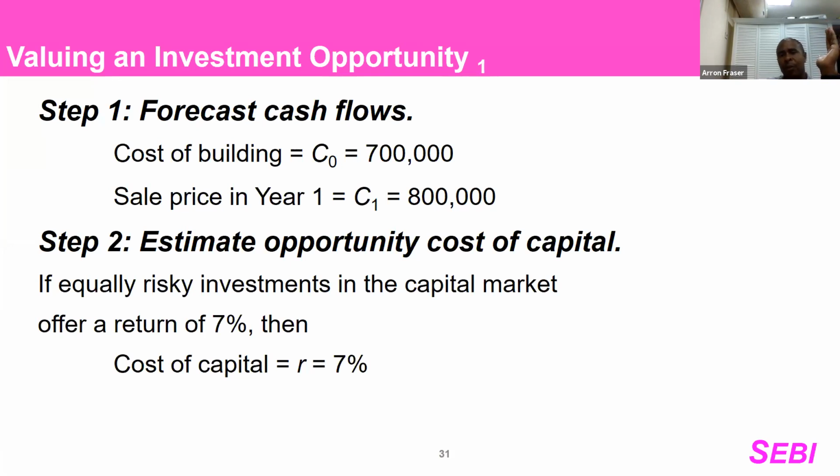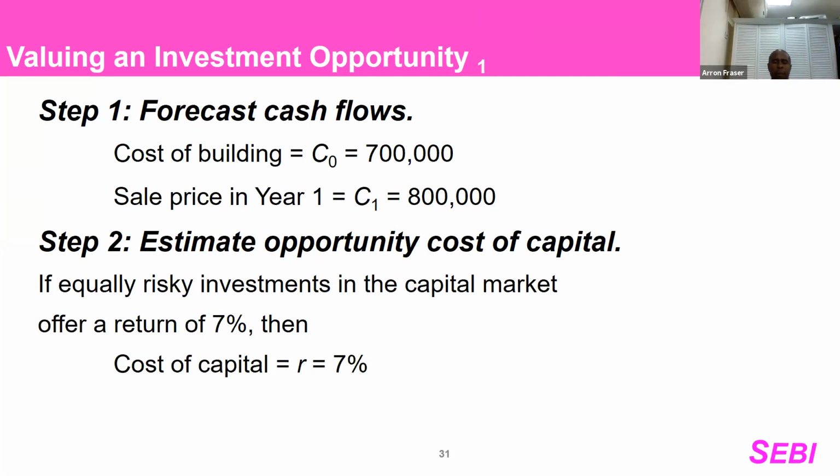You now have to estimate how much the revenue of 800,000, which you will get in 1 year's time, which is equal to a future cash flow, how much that future cash flow of 800,000 is equal to today.